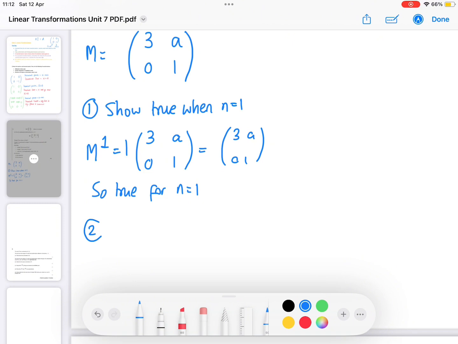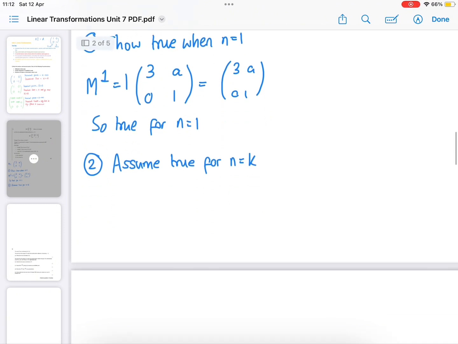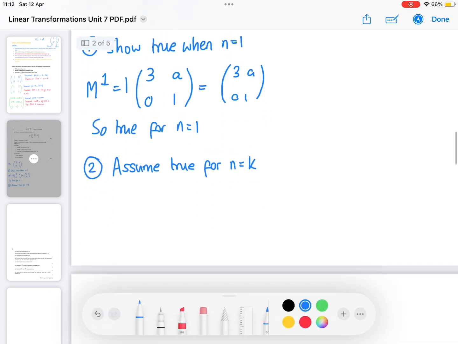For the next step, you have to assume that the statement is true for some arbitrary value n equals k. And you actually get a mark just for saying assume true for n equals k, even though all you have to do is substitute n's for k's. So M to the k is (3 to the k, a over 2 times (3 to the k minus 1); 0, 1).